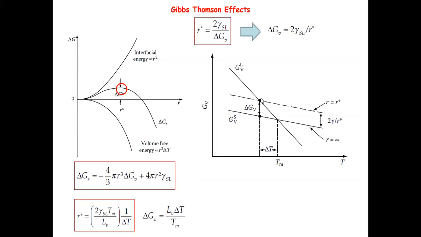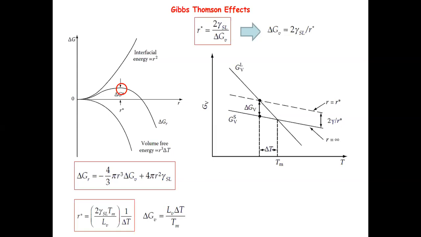So at this particular temperature, Tm minus delta T, this critical nucleus of R star is right in thermal equilibrium with the liquid. There's no free energy advantage and no free energy disadvantage. This free energy is just equal to the free energy of the liquid.